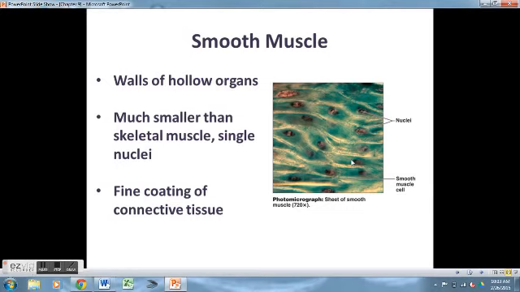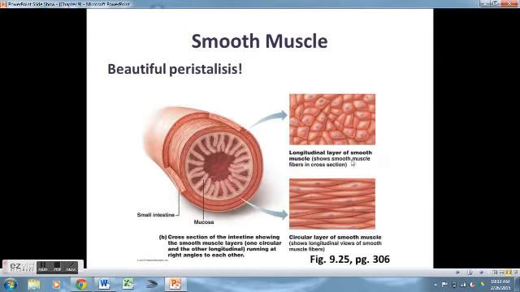We know that we find it in hollow organs, so things like your stomach, your intestines, your uterus, your bladder, lots of smooth muscle. It looks a lot like epithelial tissue to me. It does have a fine layer of connective tissue kind of over the top of it. Now the really cool thing, smooth muscle can do something called peristalsis. What you're looking at here is a cross section of the intestinal tract.